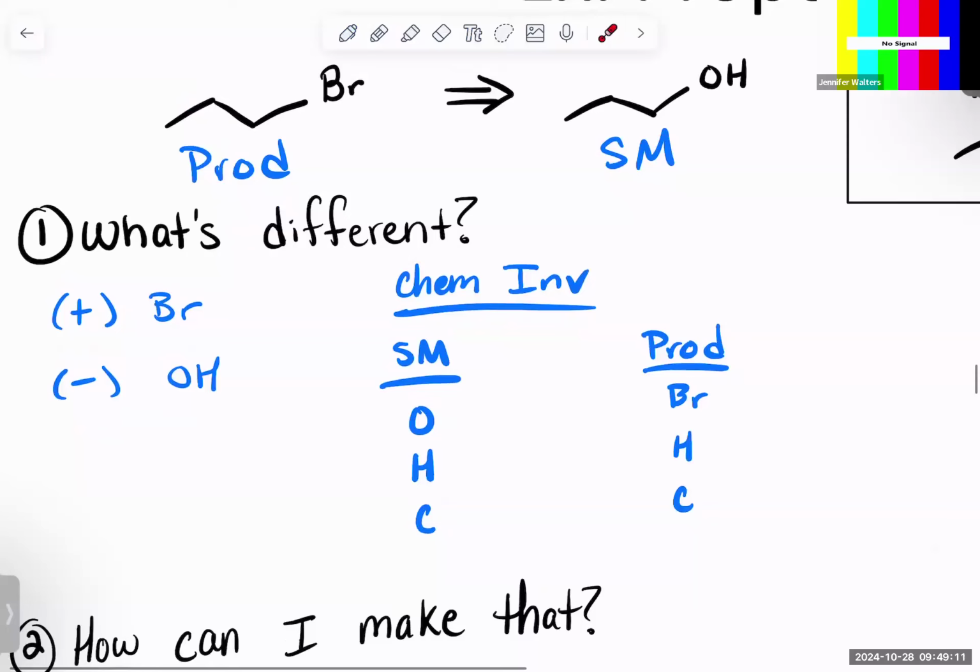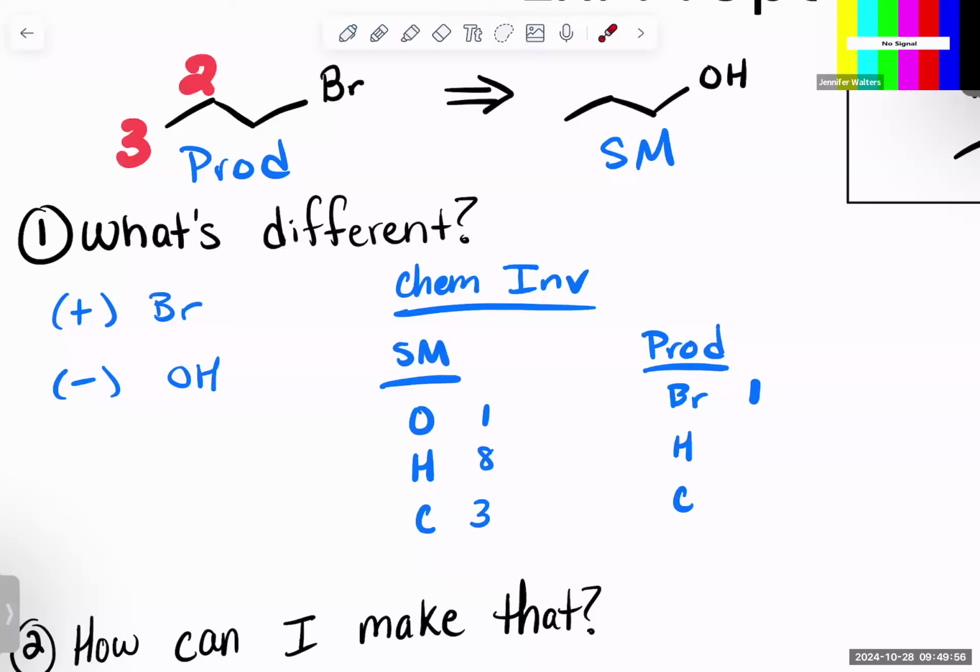So when I look at my starting material, all right, how many oxygens do I have? 1. How many hydrogens do I have? So 3 plus 2 plus 2 plus 1 is 8. All right. How many carbons do I have? 3. There's 1, 2, 3 carbons. Then I'm going to look at my product. How many bromines do you have? 1. How many hydrogens do you have?